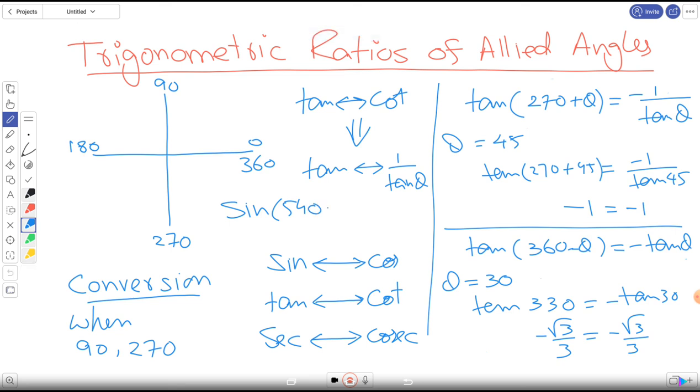So 540 plus theta, 540 means 360 plus 180, and this means I'm getting into the third quadrant. So what will happen in the third quadrant? Sine is always negative in the third quadrant. So the answer is: sine remains sine, theta is there, and the negative sign must be there. And now check it, plug in any value, you get the left and right hand sides perfectly matching. So Alhamdulillahi Rabbil Alameen, I hope you got the concept very clearly, and the concept is also finished.